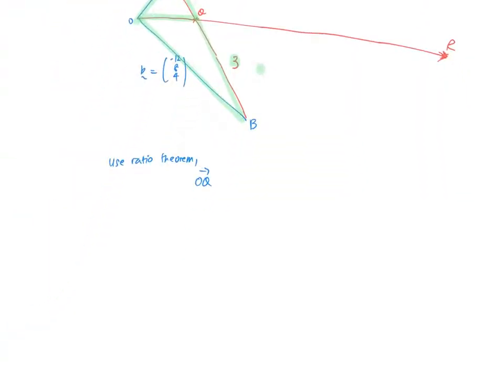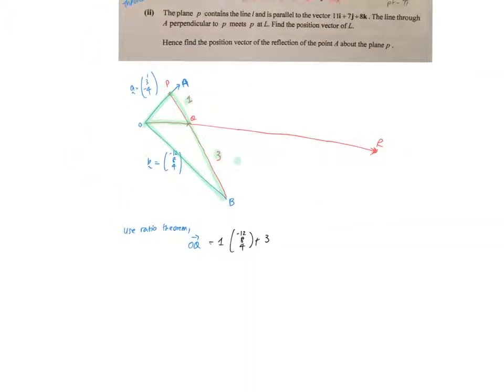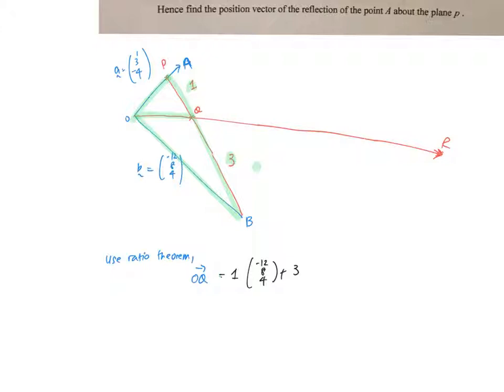Okay, so coming to this part, OQ is 1 set of (-12, 8, 4) plus 3 sets of OP, all divided by 4. The interesting thing is that we know nothing about OP, except that it lies on OA.